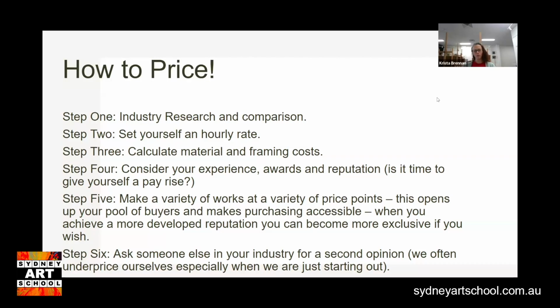So if you calculate your materials, including all of your canvas, paints, etc., plus an hourly rate, then maybe that previous example that I gave where we're saying $30 an hour, I'm going to put in 30 hours, $900 plus $250 for materials.